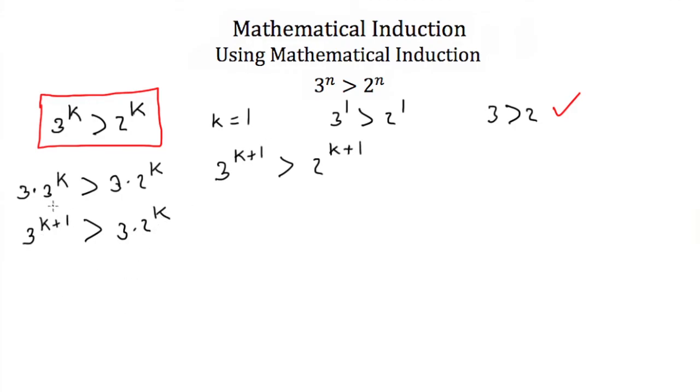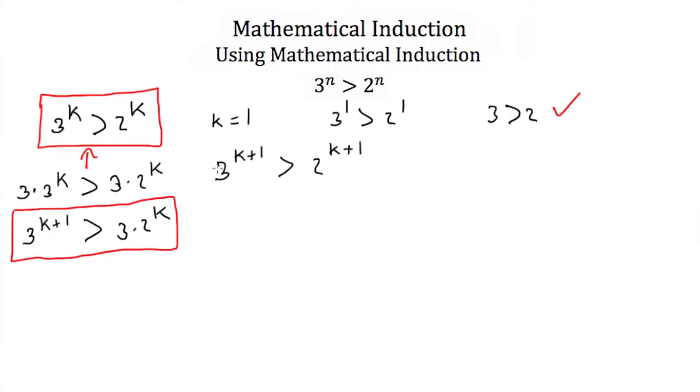Now I have a 3 to the k plus 1 power here, and it's greater than 3 times 2 to the k power. Now this equation came from this equation, which we assume is true, which means we can always assume that this equation is true.